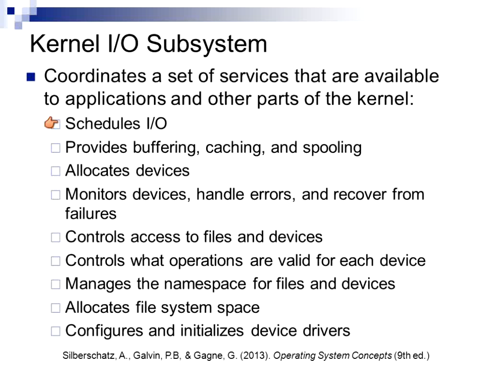So the kernel provides a service to schedule I/O. Okay, and it keeps track of the device status, and what's available and what's not, and so forth. It provides for buffering, caching, and spooling.